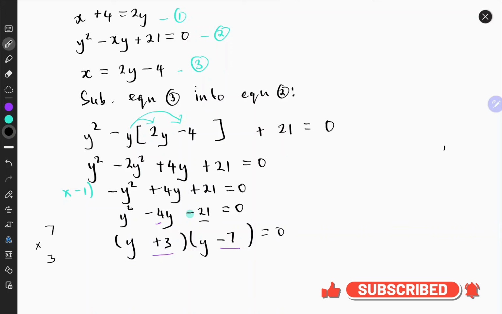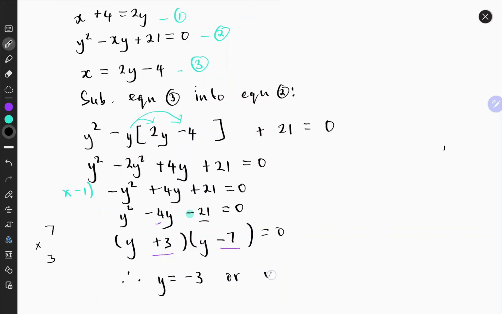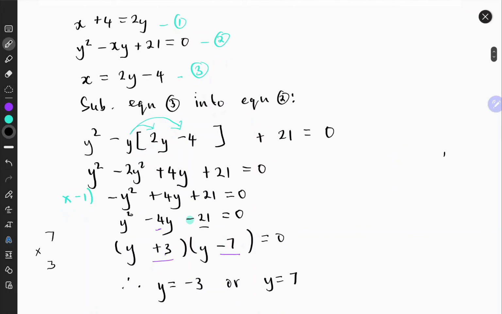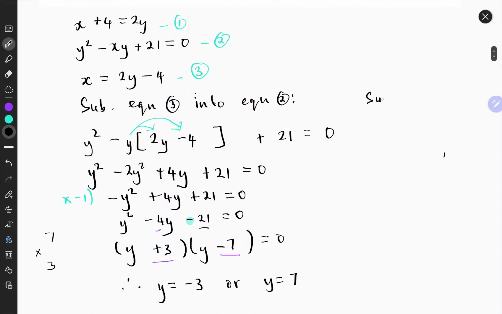Therefore y should be equal to -3, or y should be equal to +7. So now we can substitute these y values into equation 3 for the x values.